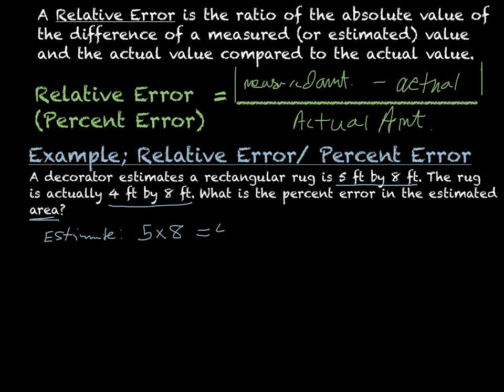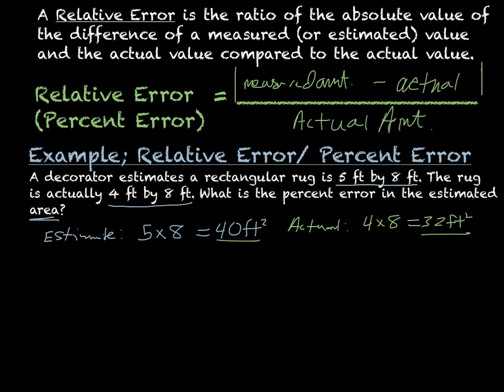So the estimated area is 40 feet squared, and the actual, because it's 4 foot by 8 foot, is 4 times 8, which is 32. So there's the actual and the estimate.